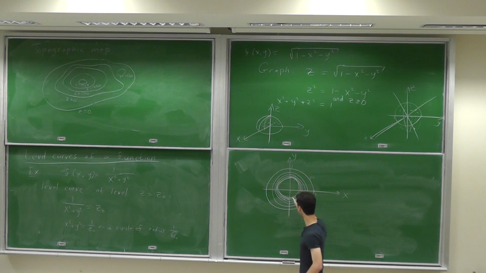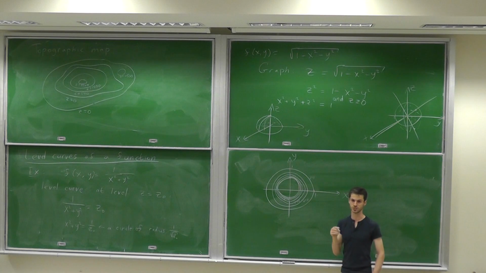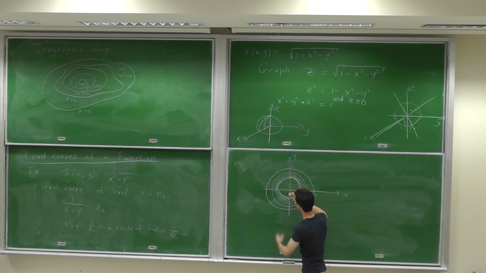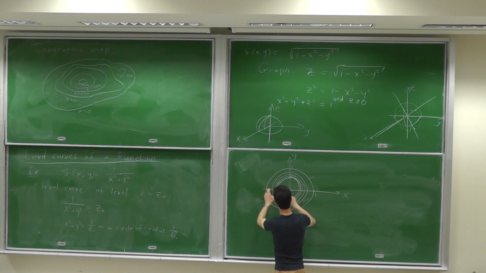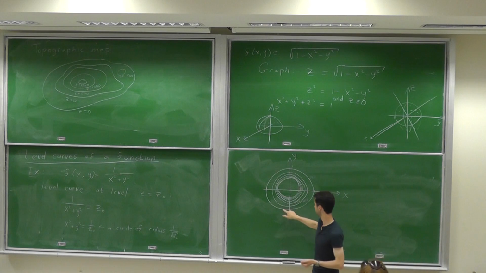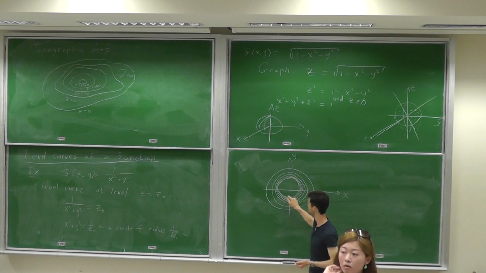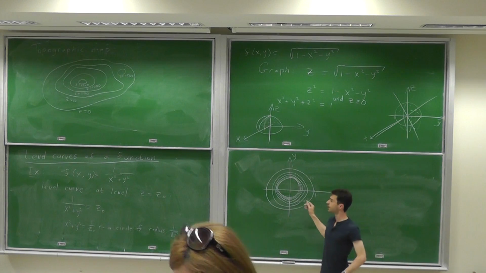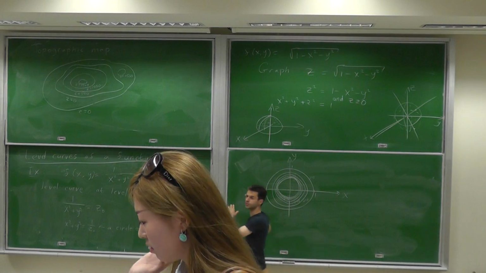If I want, say, a circle of radius 1 over 4, it's level curve number 16, where z is equal to 16. So there should be 16 circles between this circle and the circle of radius 1/4. So now we just have 1, 2, 3, 4, 5, 6, 7. So it should fit into 9. So you see the circles become denser and denser.